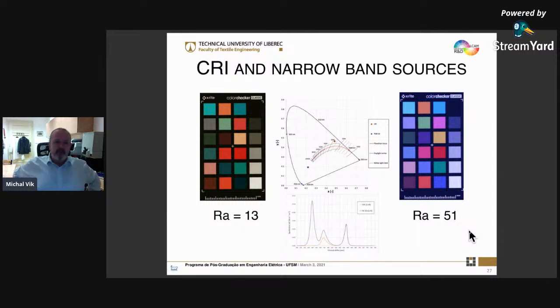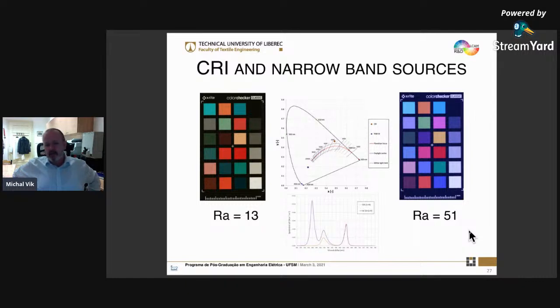What is the problem of CRI? You know that CRI is quite problematic from the point of view of LEDs, and typically for narrow band sources generally. You can see here two examples. On the left side, you can see a light source where the rendering index is only 13.